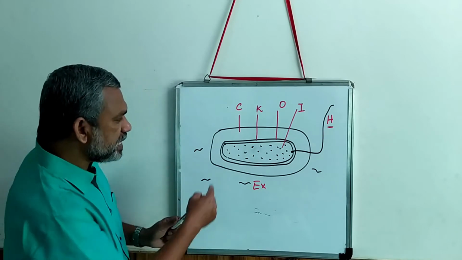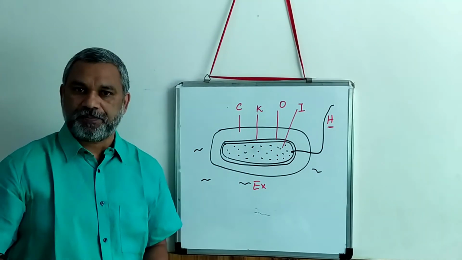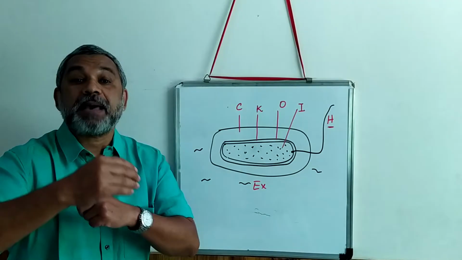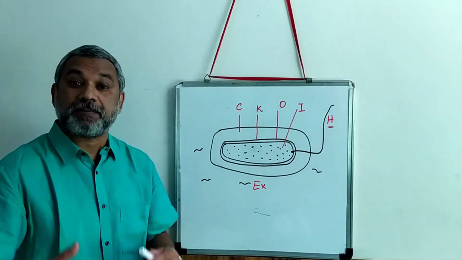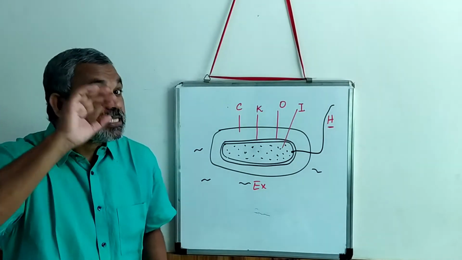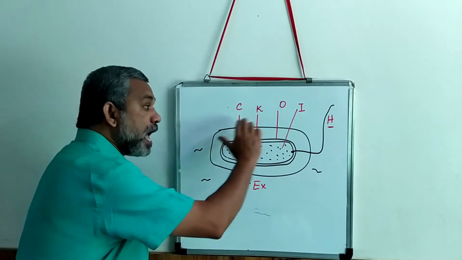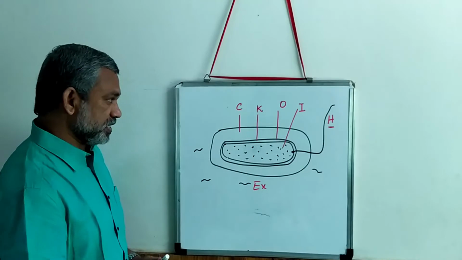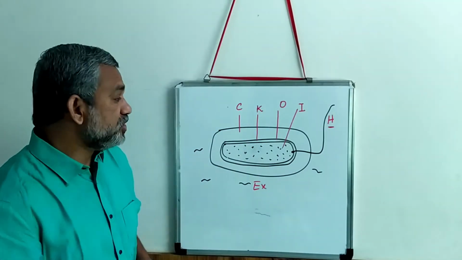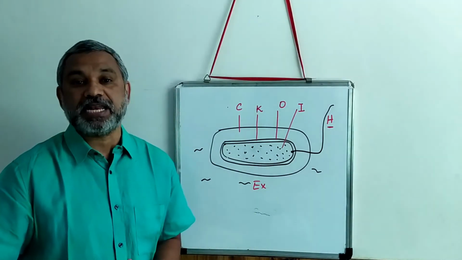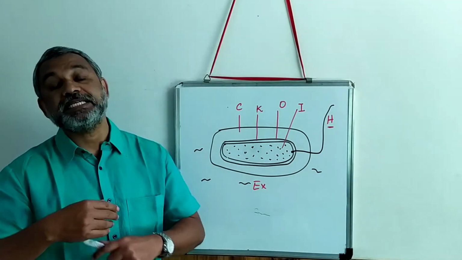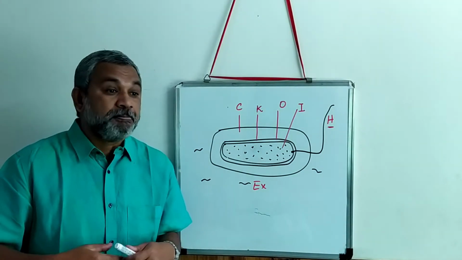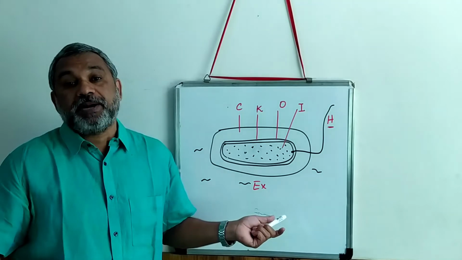Another kind of antigen is the C antigen. The C antigen is the capsular antigen. In bacteria with a capsule, it is a kind of protective layer, so the capsule acts as an antigen in many cases. Another antigen is the extracellular antigen, which is the metabolic end product of a microorganism.